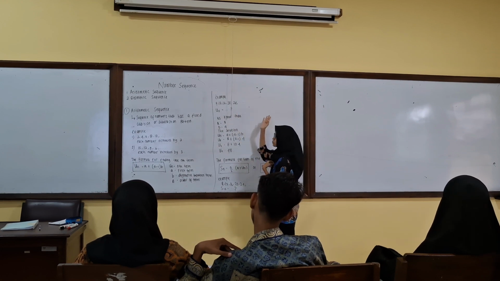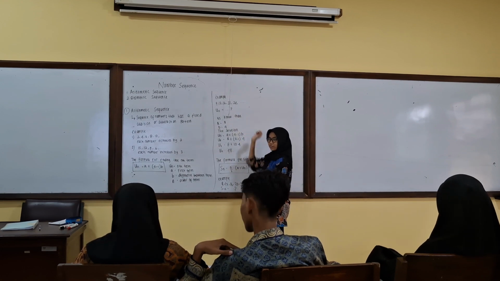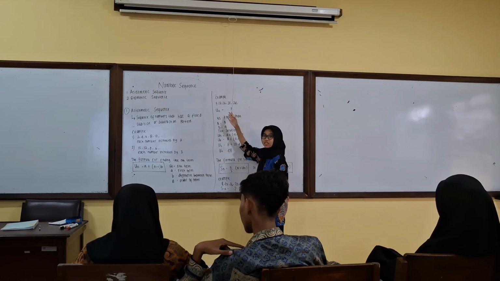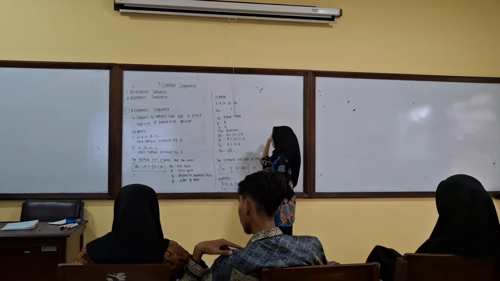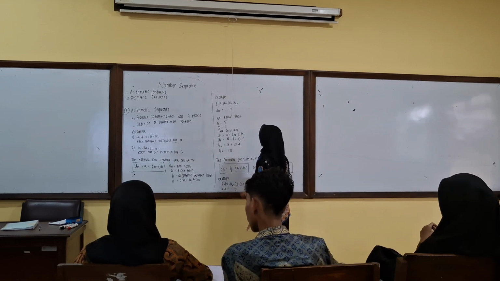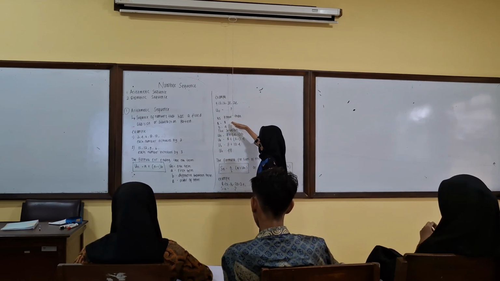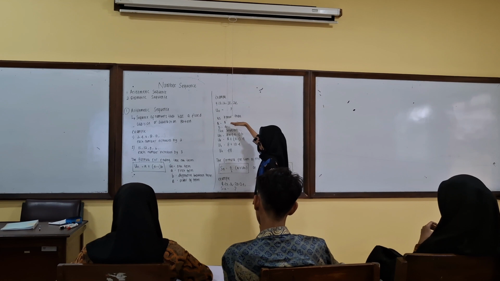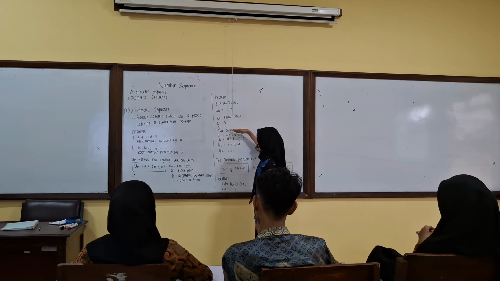24, and so on. What is the 12th term of the arithmetic sequence? Given that a equals 8, b equals 4. The solution: Un equals a plus n minus 1 times b.